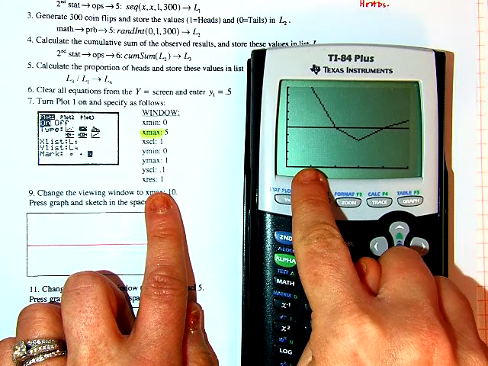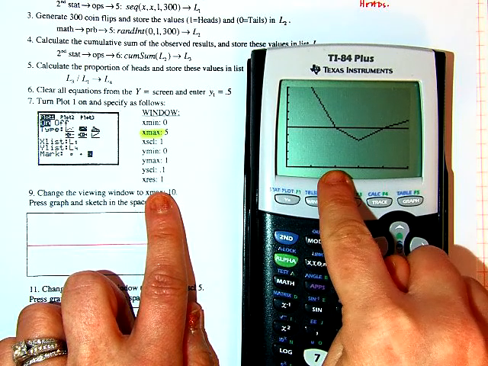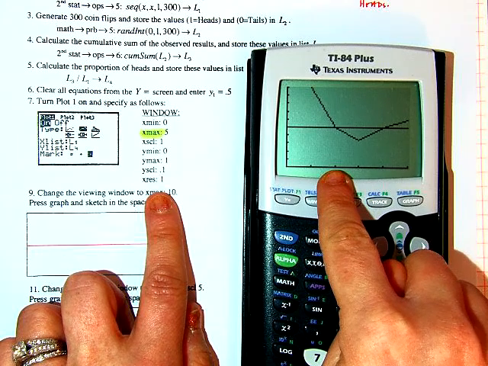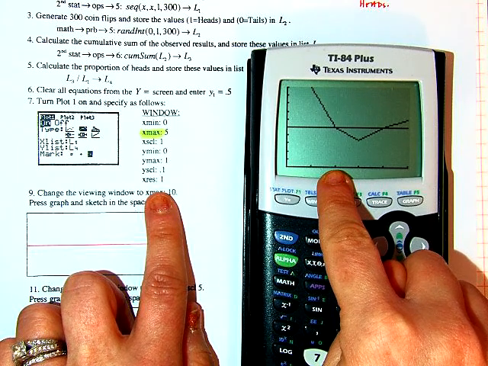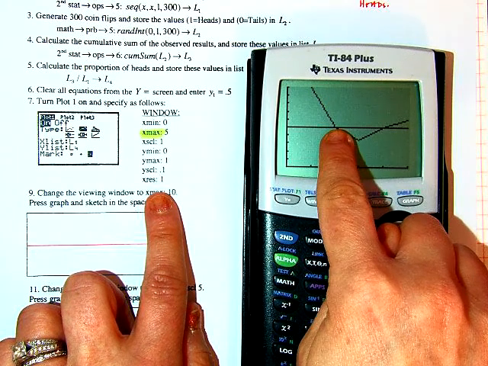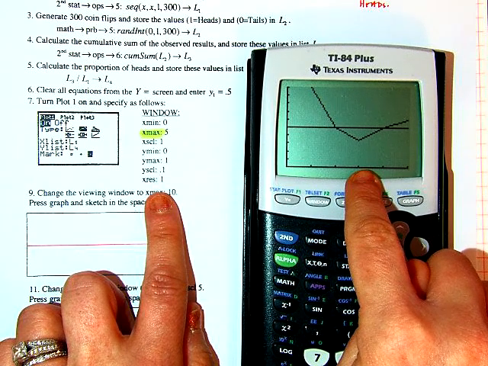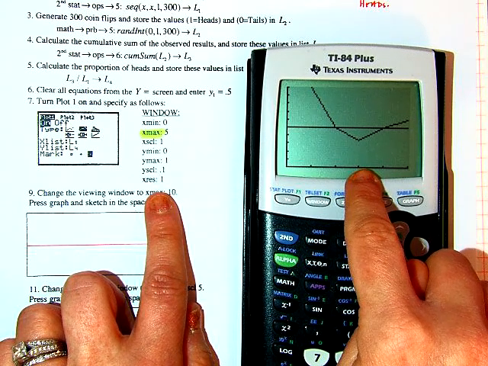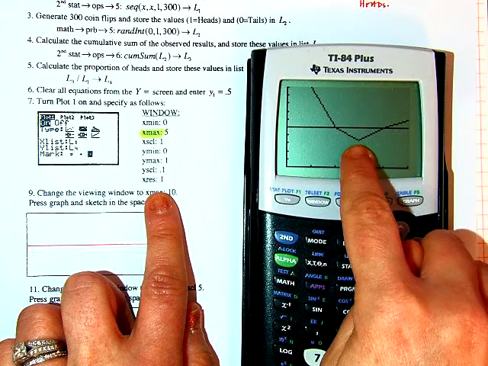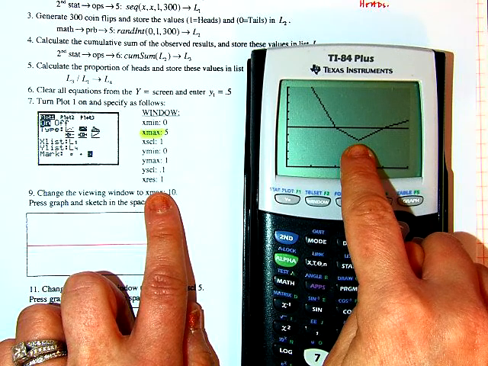My first flip was a head. But after my second trial, I saw 1 out of 2 heads, which is why we're right here at 50%. On trial 3, I got another tail. So I only see 1 out of 3 heads, which is why I'm dipping below that 0.5 line.